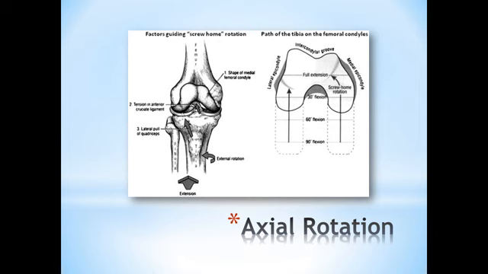And again, our ACL is providing that pivot, that tautness, to allow that external rotation to assist in the rotation. So I have ACL contributing to that motion, and I have the orientation of the medial femoral condyle contributing to that external rotation.